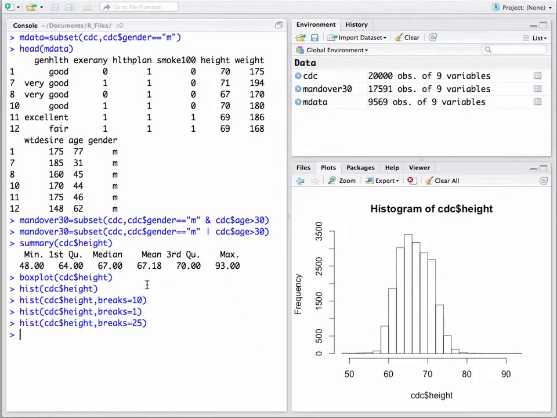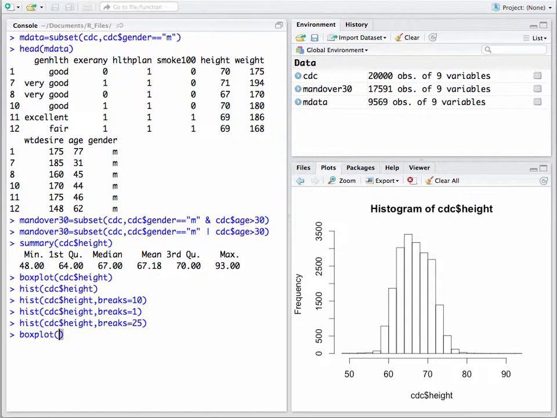Okay, so back at the ranch here. Why were we interested in this model formula? Because what I would like to do is take a look at two box plots and compare them to each other. In particular, I don't want to look at just the heights of everybody. I want to take a look at the heights of the males and compare that to the heights of the females. So we can do that. We can come in and go boxplot.